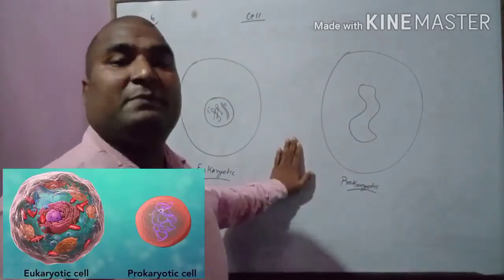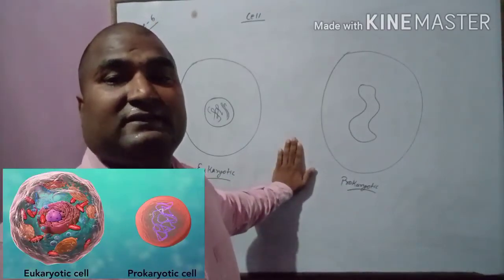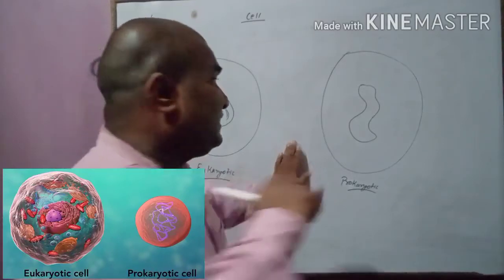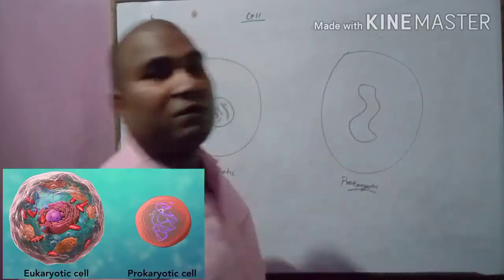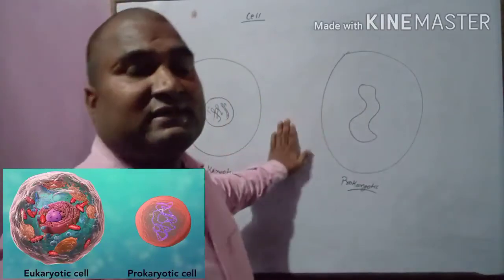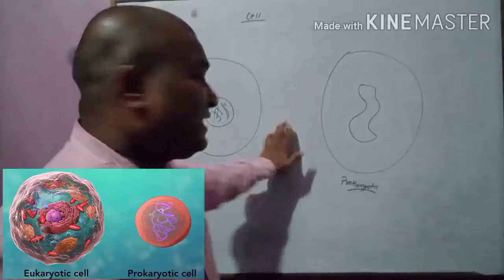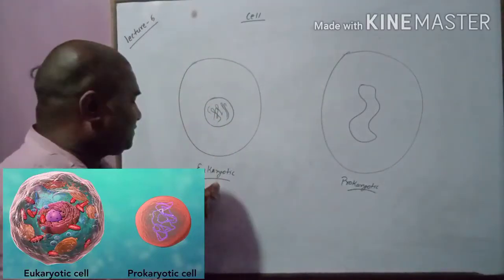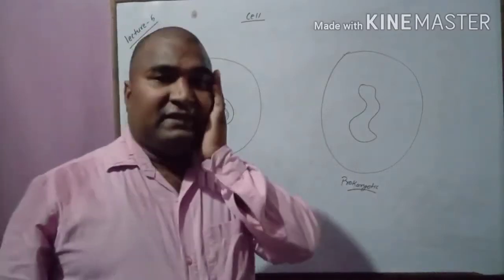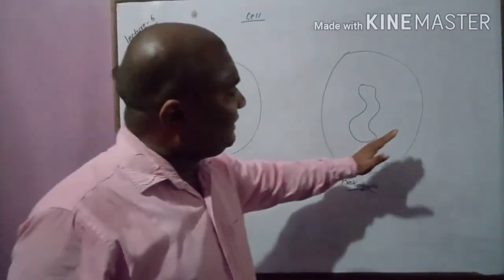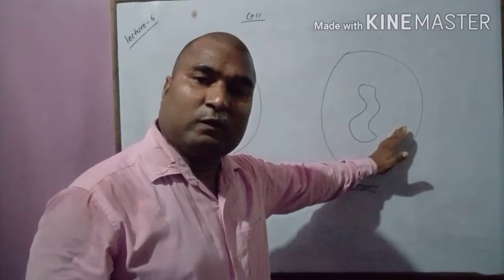Prokaryotic cell, if you remember the video animation, you have seen a cell in which a thread-like structure, a blue-colored thread-like structure, is the chromosome. And in the eukaryotic cell, the chromosome is present in the nucleus.